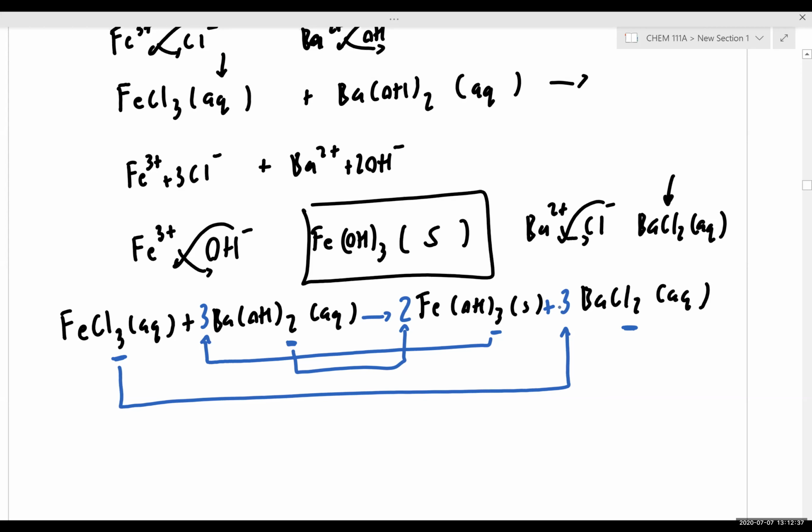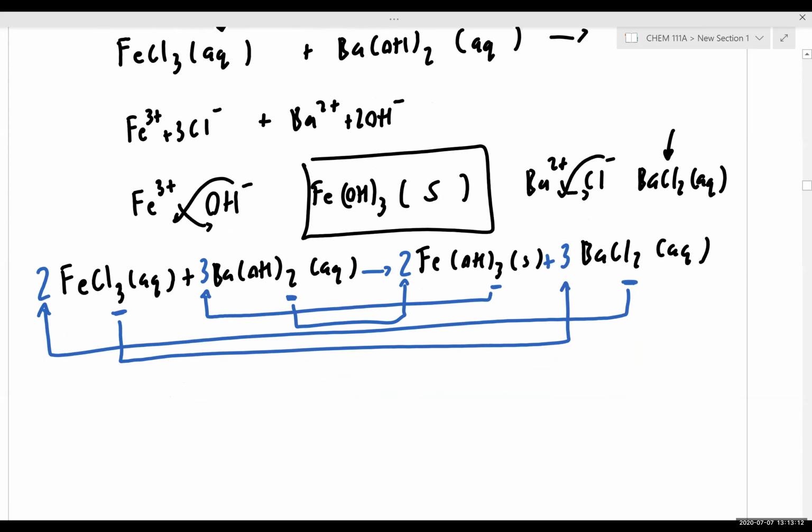Now, of course, you can do this the longhand way, but the least common multiple method or the cross method is really fast at balancing precipitation reactions. Does everyone understand the logic behind the cross method? Does this look familiar from when we discussed balancing chemical equations? Can I get some feedback in the chat that this looks familiar?